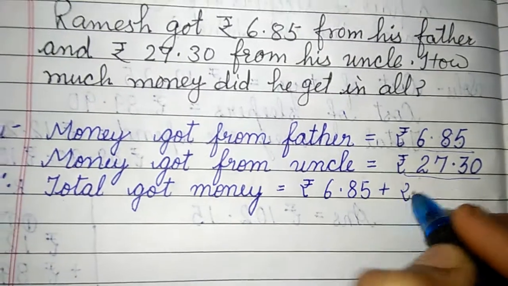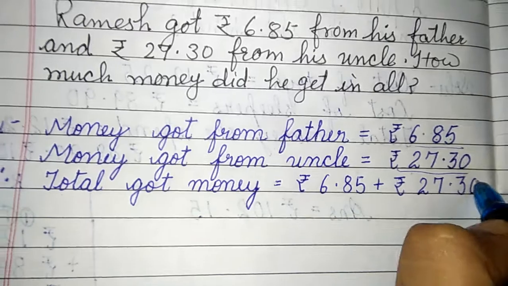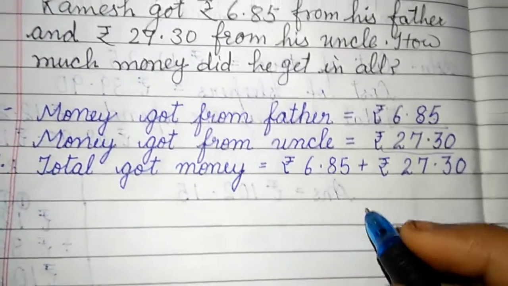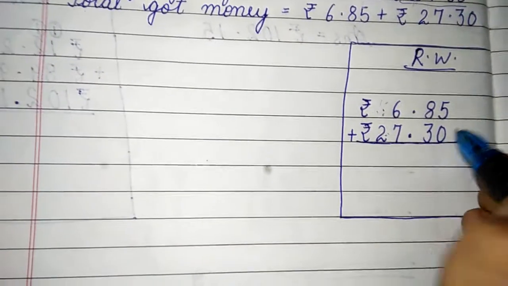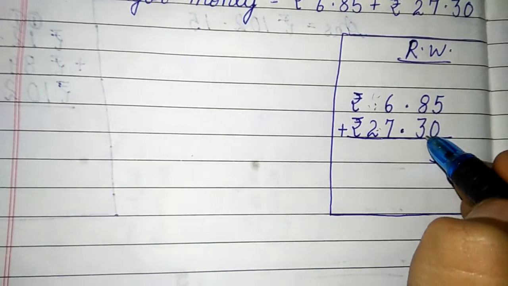Rupees 27.30. We'll add it now. 5 plus 0 is 5. 8 plus 3 is 11.